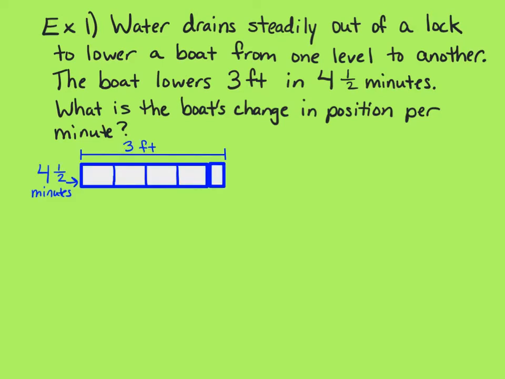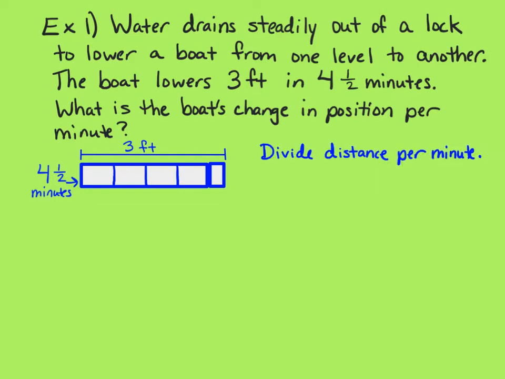So I drew a little bar to show that 3 feet has to cover 4.5 minutes. So we need to decide what operation we could use to figure out the change per 1 minute. So how many feet is it going to be for 1 minute?